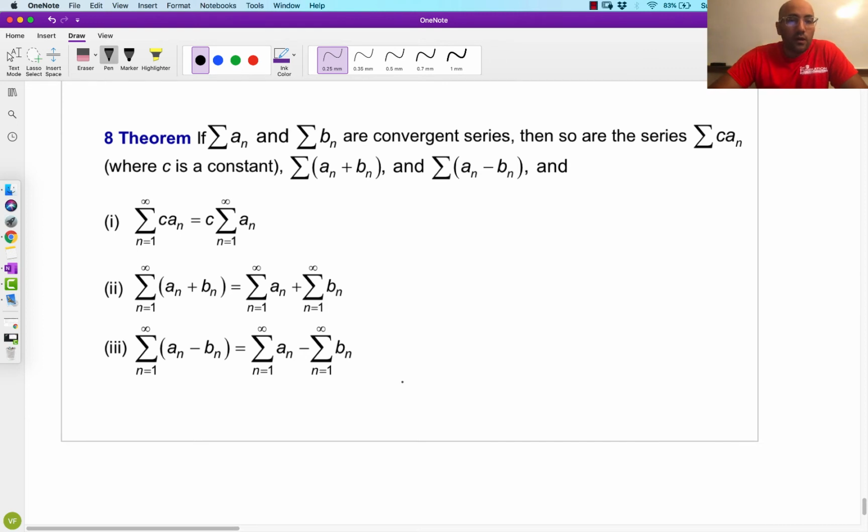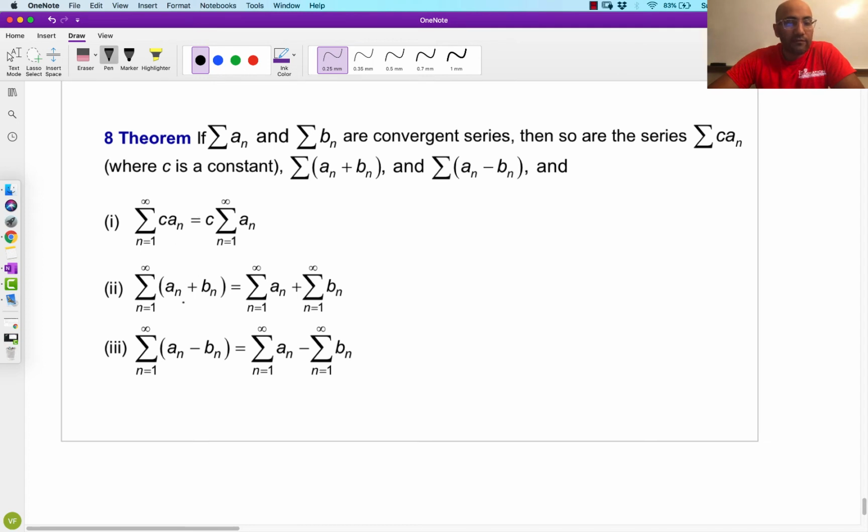Okay, so this first one is saying that if we have this series with a constant, we can factor it out. Right, this c represents some constant that is not affected by the index of the sum here, n. So we can pull it out.